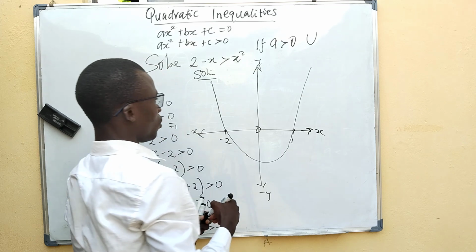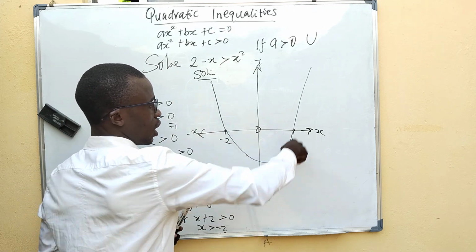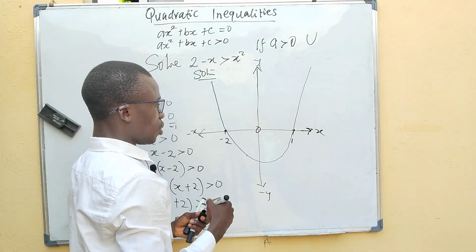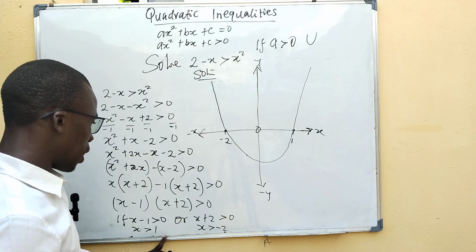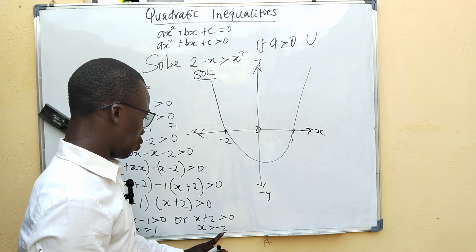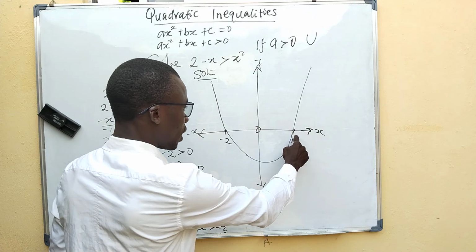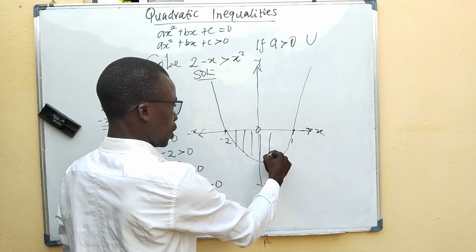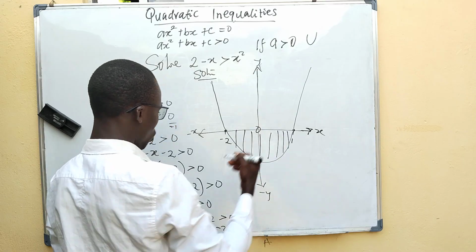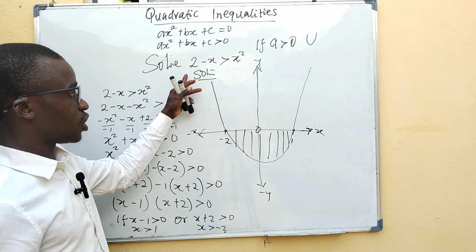U shape. Now this is exactly the U shape we are talking about. So since here it is greater than 1, here it is greater than minus 2, we can shade this. So this is the solution to this very inequality.